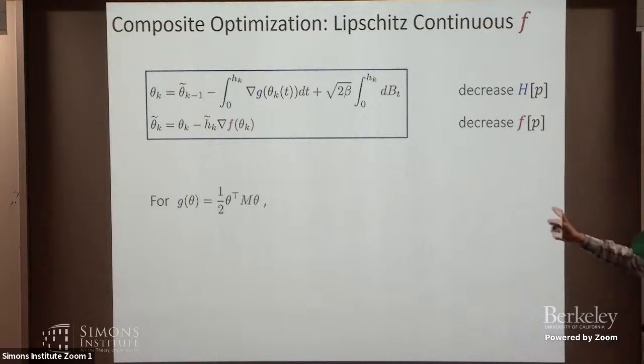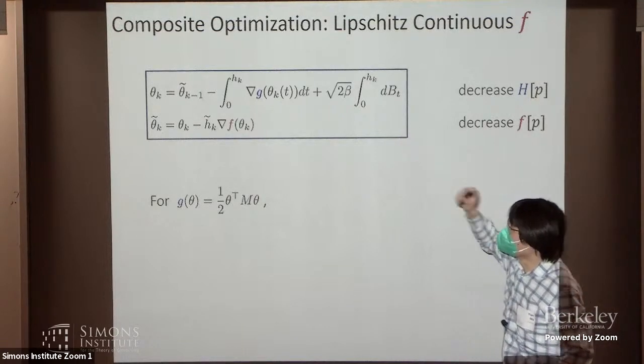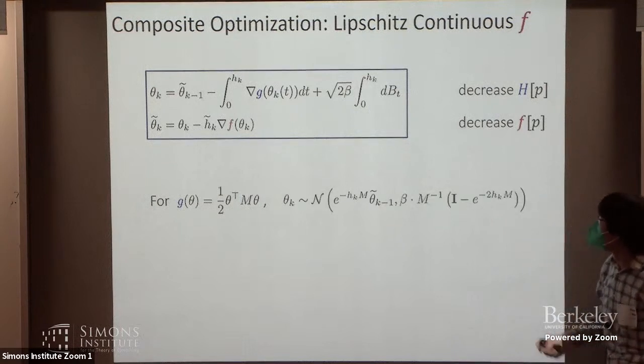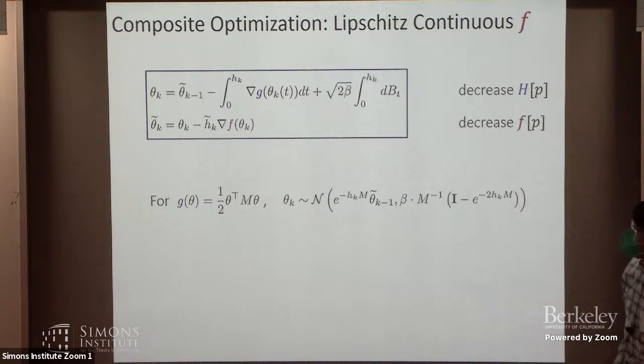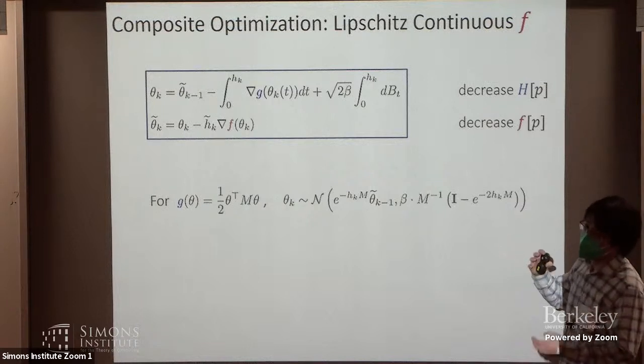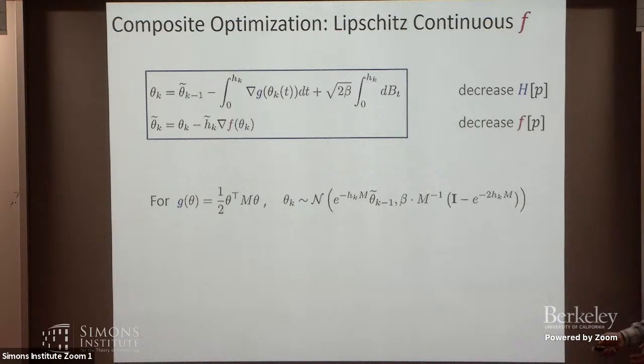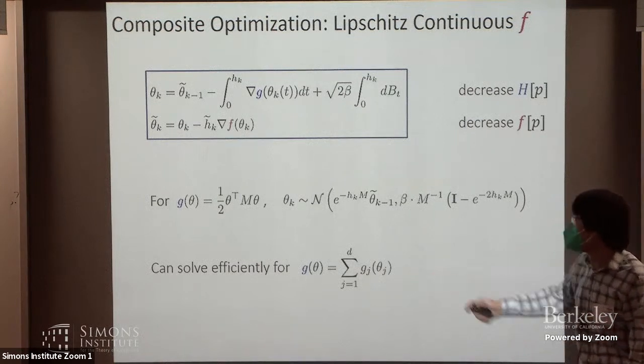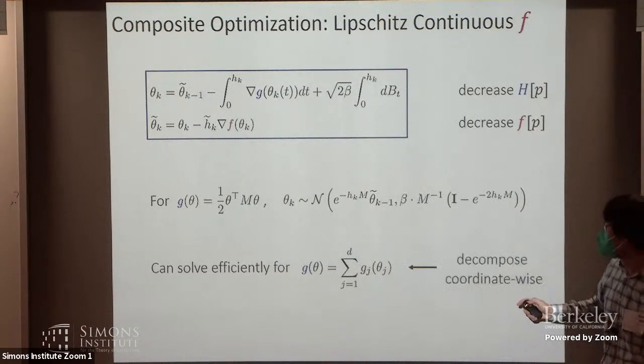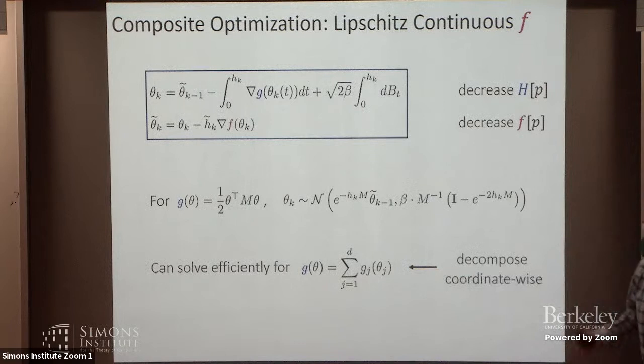So a few more words about the first line of the update. For G being a Gaussian distribution, we already have an explicit result to solve it. And for Bayesian elastic net, kind of like L1 plus L2 regularizer, we also have an explicit form of expression. And we can solve it efficiently for coordinate-wise decomposable G, right? Because that would be like a constant times number of gradient evaluations.